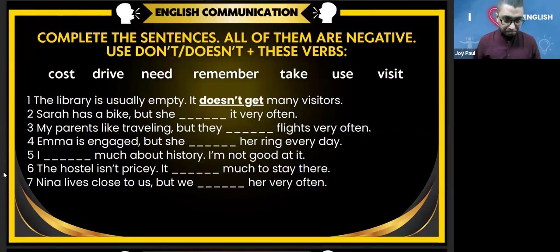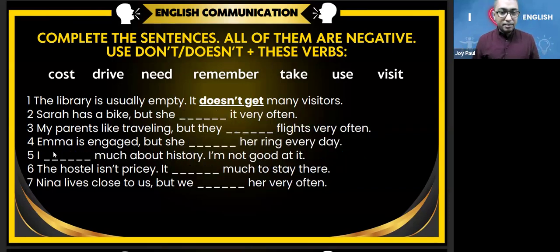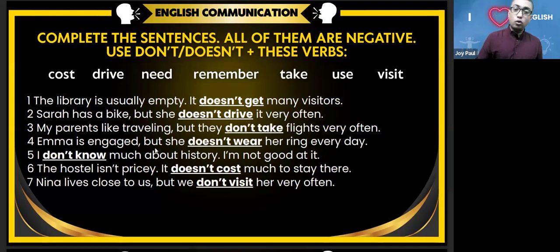Clear? Next exercise. Emma is engaged, but she doesn't wear her ring every day. Emma is engaged, that means she is going to marry very soon, but she doesn't wear her ring every day. Next, I don't know much about history. I'm not good at it.